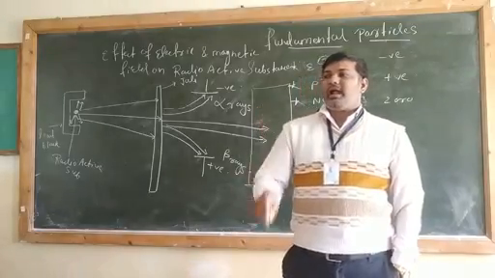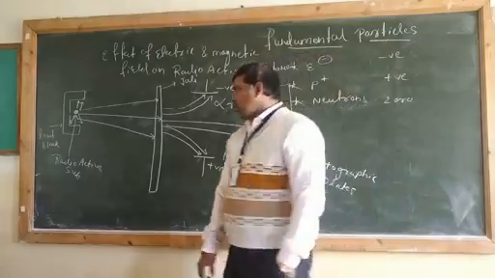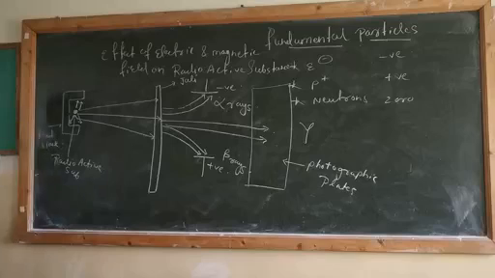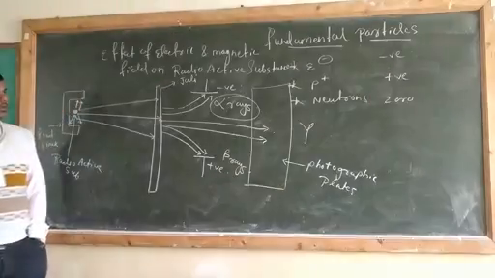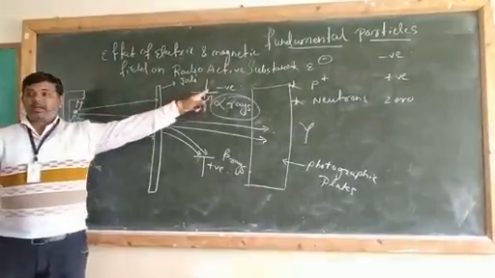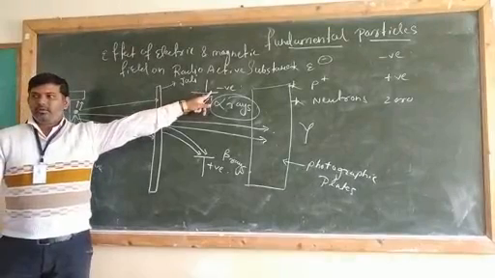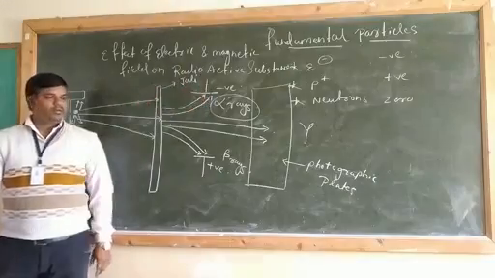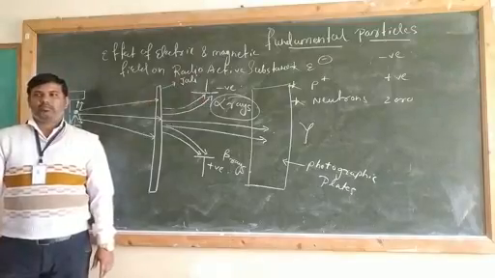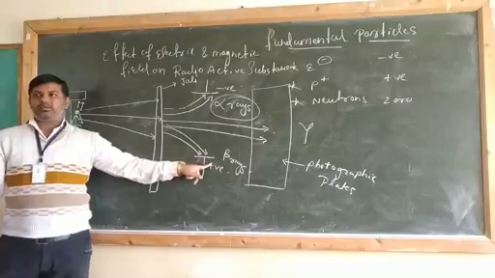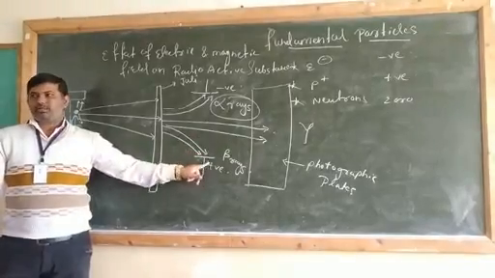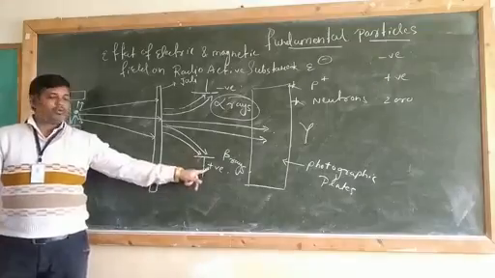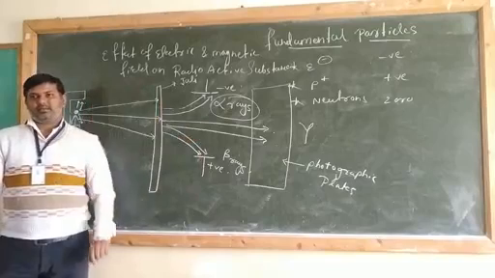The one which was attracted towards the negative terminal were called the alpha rays, and the one which was attracted towards the positive terminal, second pointer, were called the beta rays.